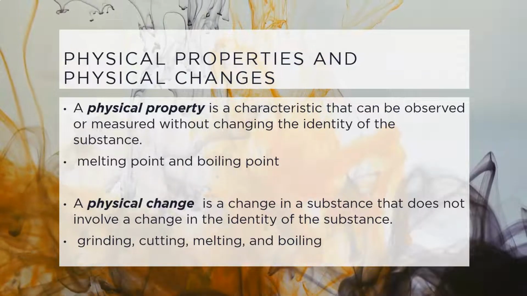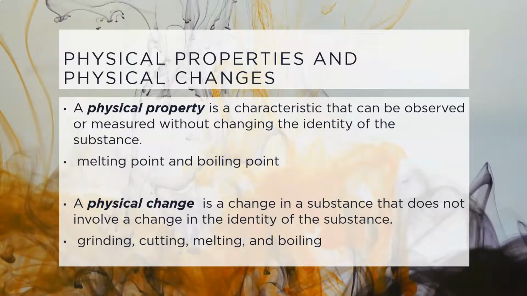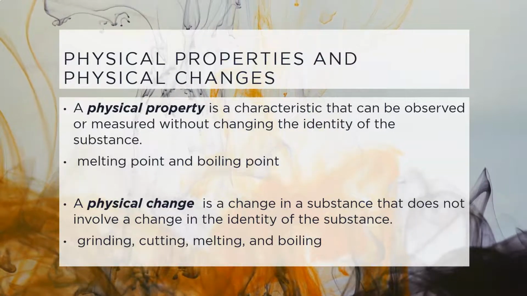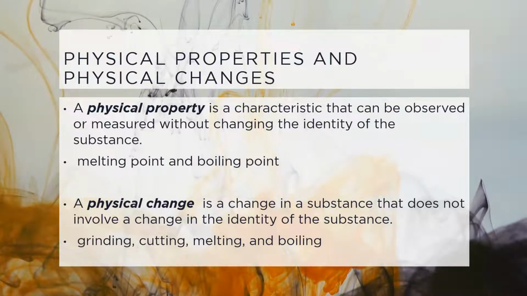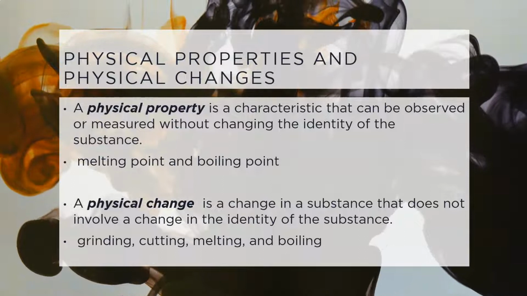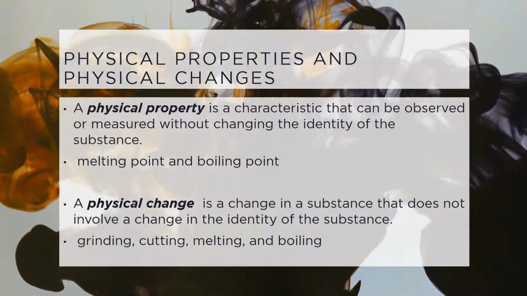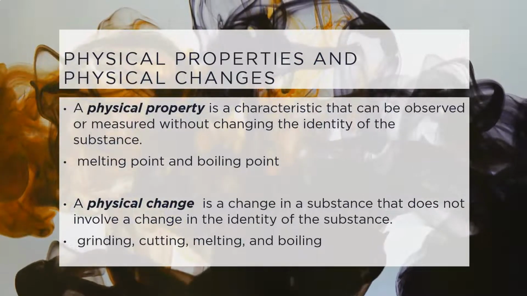How do we know? If I were to hold a piece of glass above the water vapor, it would condense and turn back to liquid water. So melting and boiling are not chemical changes, they're actually physical changes. And a physical change, again, is a change where we don't change the identity. Anything like grinding, cutting, melting, boiling.